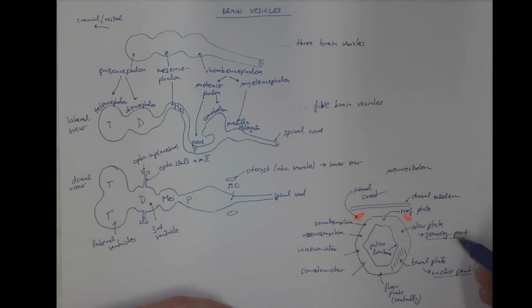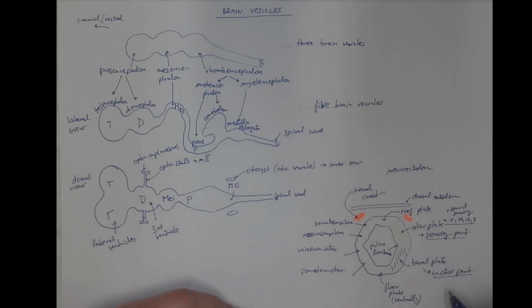In the brain region, the sensory part hosts also special senses, namely from the 5th, 7th, 9th and 10th cranial nerves.